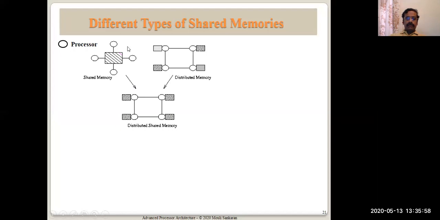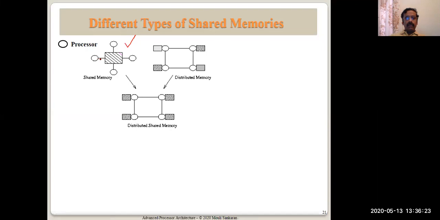This is a processor. All the circles you see are processors, and the rectangular one is a memory. Now, if you see this picture, this memory is directly connected to the CPUs. All of them are close to the memory.